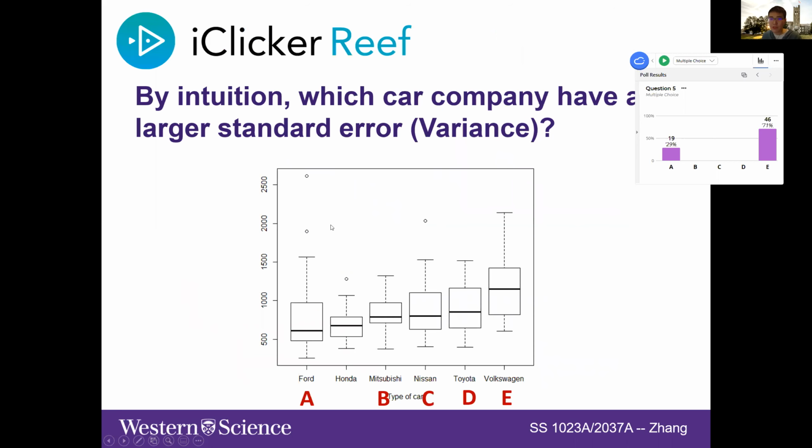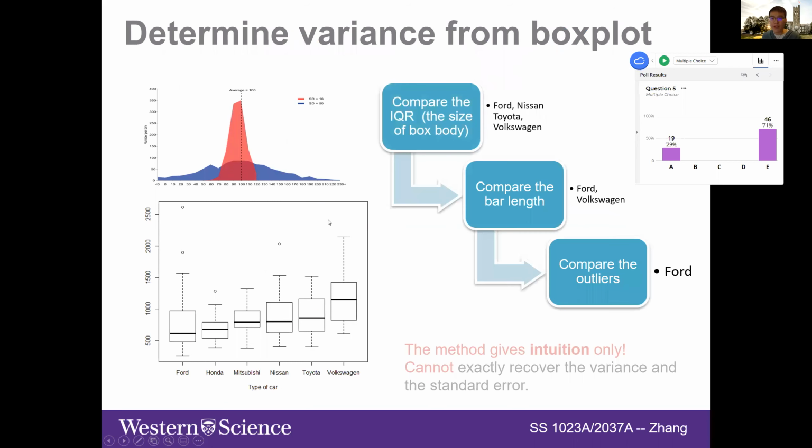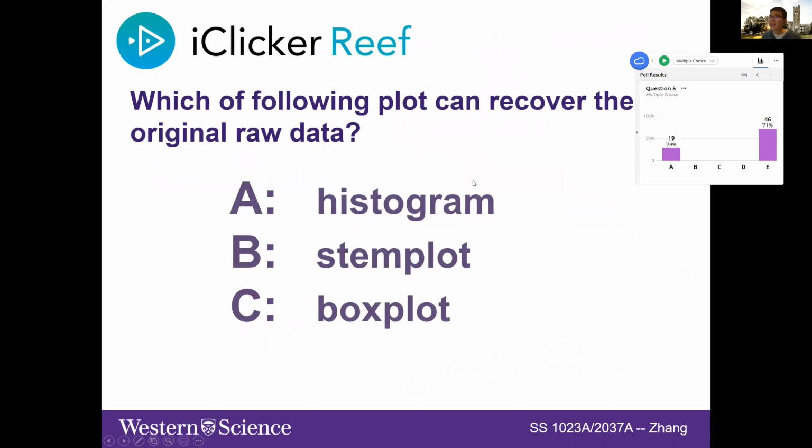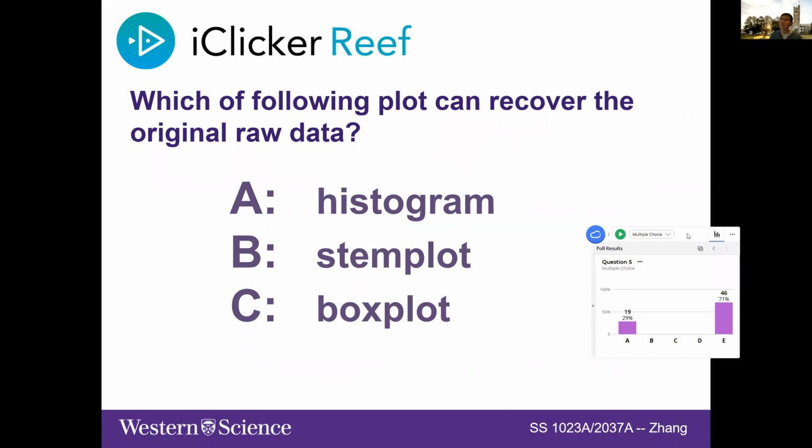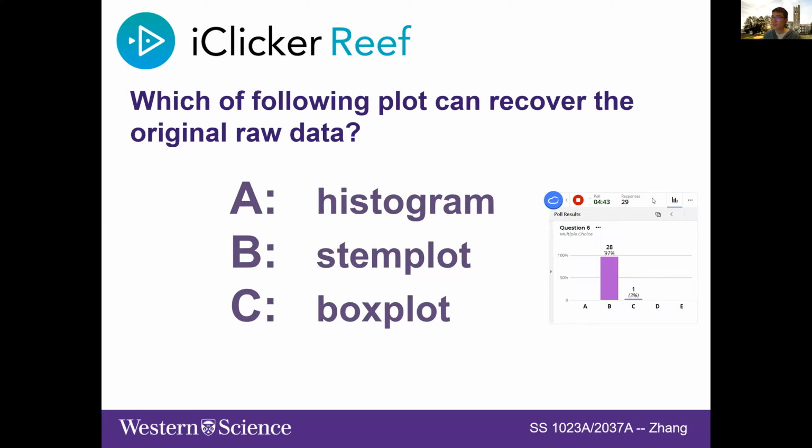Okay, so here is a final question. So far we have seen different types of plots that we use to describe continuous data. And the question is, which one of these plots can recover our original raw data? Recovering the original raw data means, for example, I give you a plot and you can tell me what my raw data is.